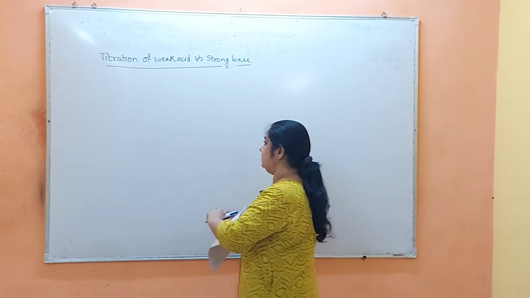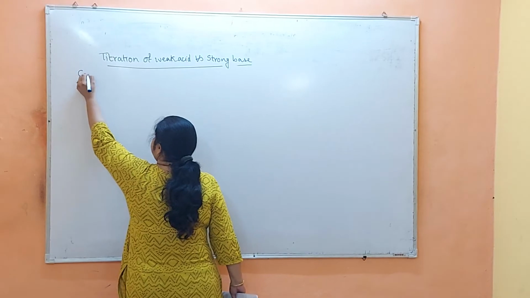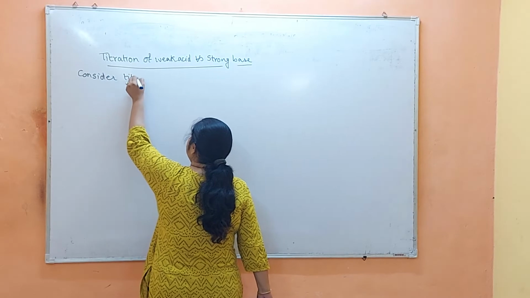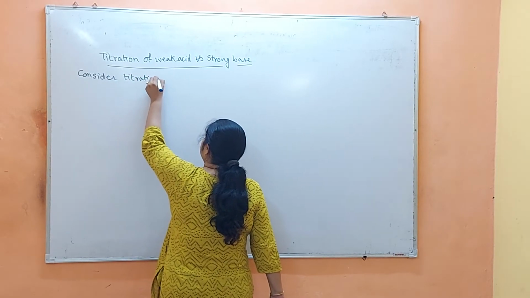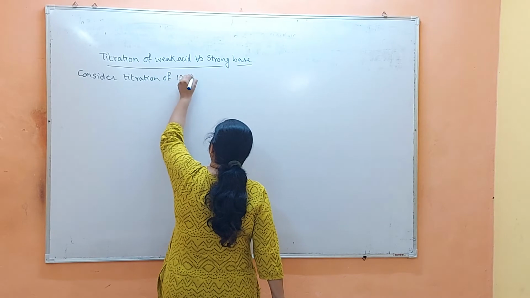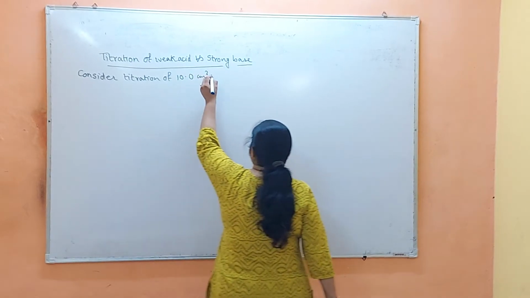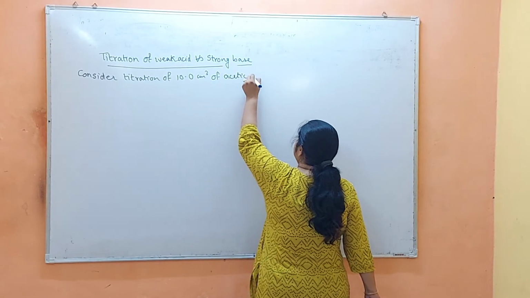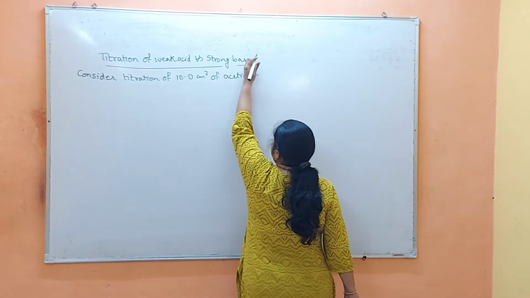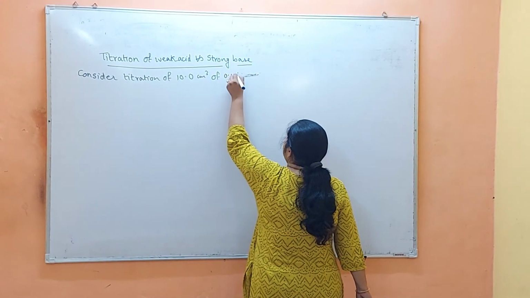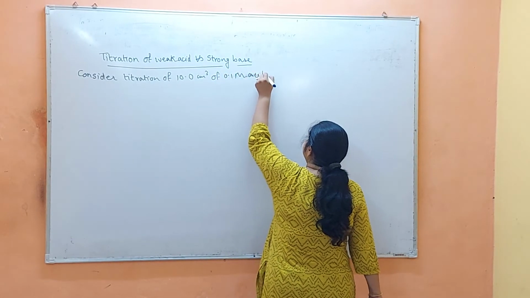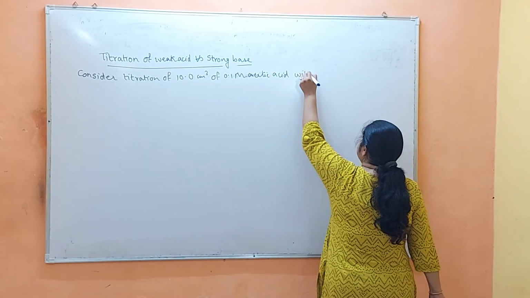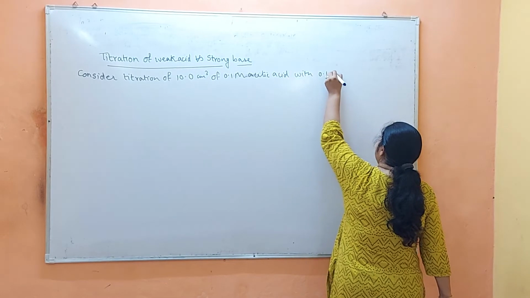Now see, consider titration of 10 cm cube of 0.1 molar acetic acid with 0.1 molar NaOH.